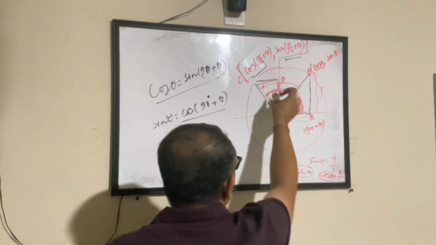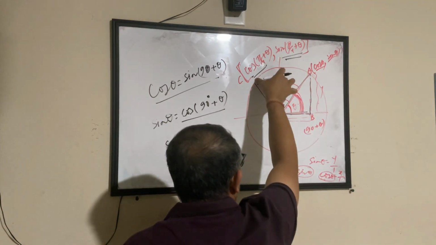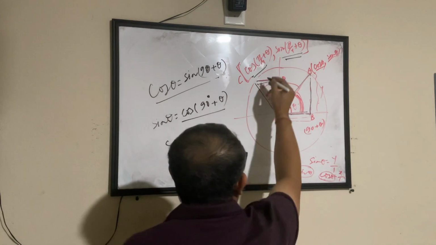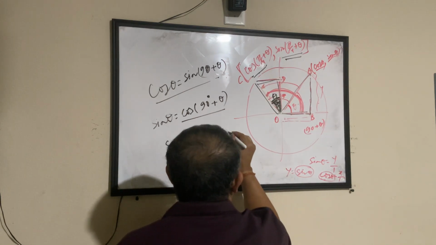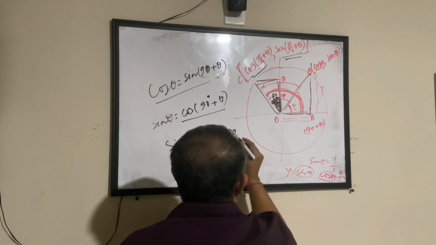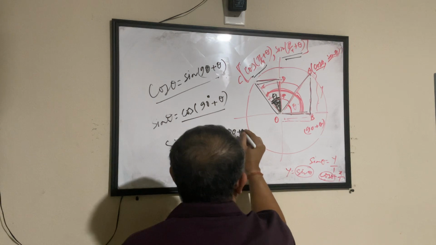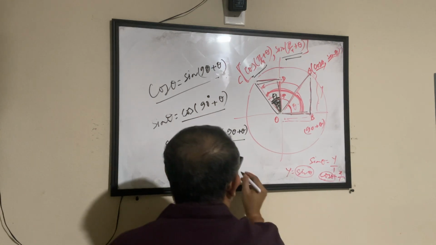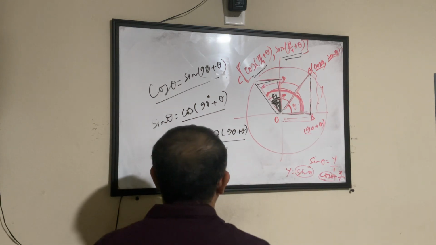So now here, this theta equals this x coordinate value, which is cos 90 degree plus theta divided by the hypotenuse, which is y.